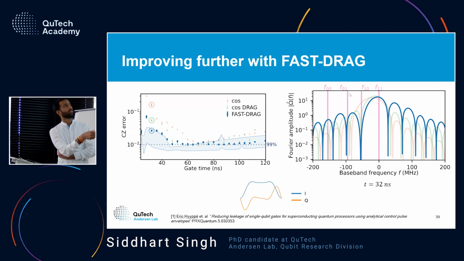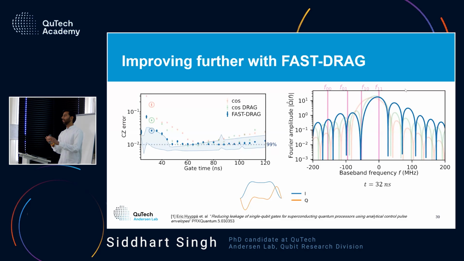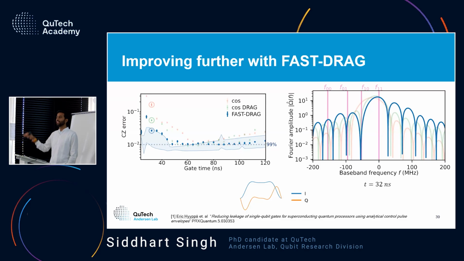It is a similar sort of performance at F01, but at F00, we have increased the frequency component. But at F11, we are still the same. So what happens is when you decrease these components, you are spending less time in the transmon state and more time in the fluxoniums.